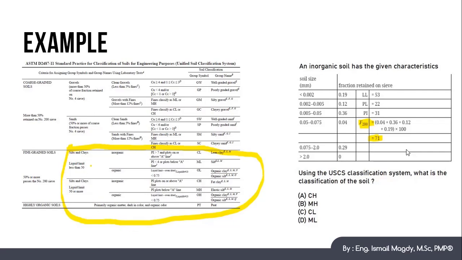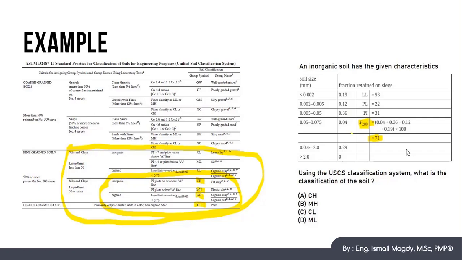After that, we need to identify the liquid limit, because this part is less than 50% and this part is more than 50%. We know here that the liquid limit is 53%. So this means that these are the soils that could be our soil. Now we limited our options to CH, MH, OH, and the peat.